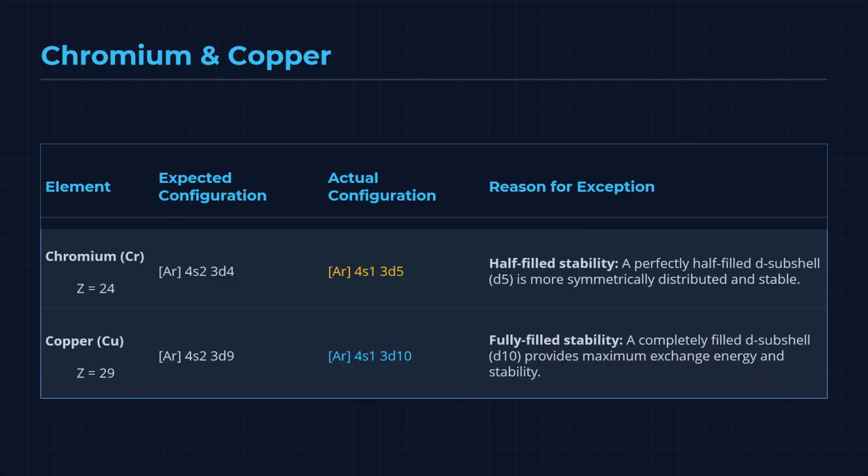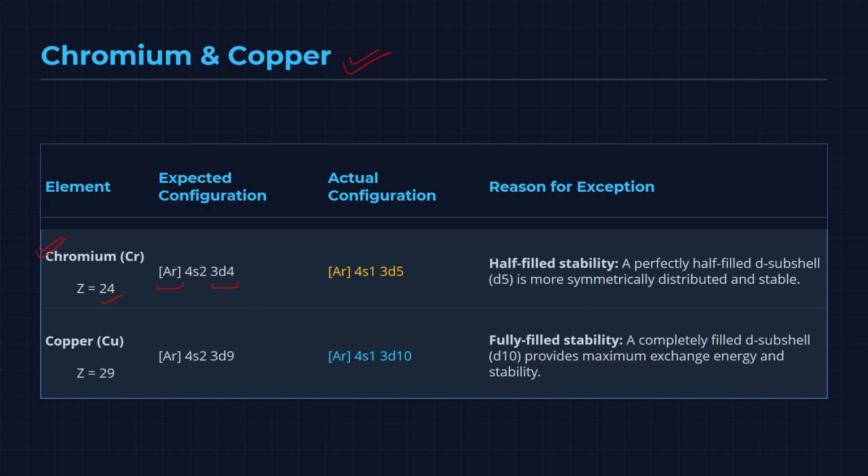So here we can give the examples of copper and chromium. You can see here, for example, we have chromium. The symbol is Cr and its atomic number is 24. Now if we write its configuration, we will write it like this. First we write argon, then 4s2, 3d4.